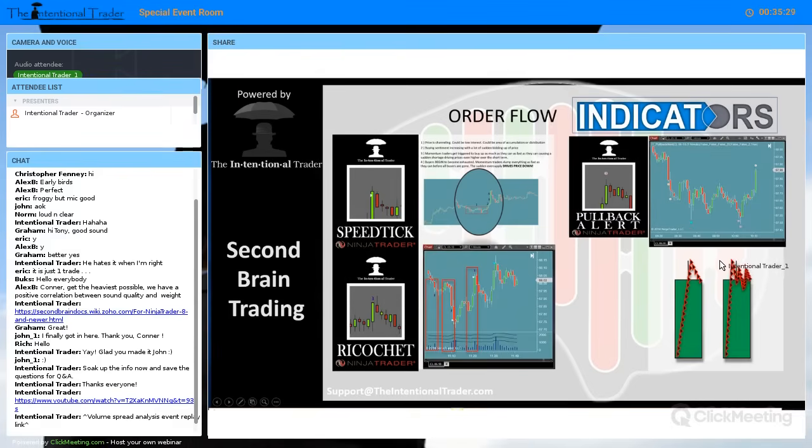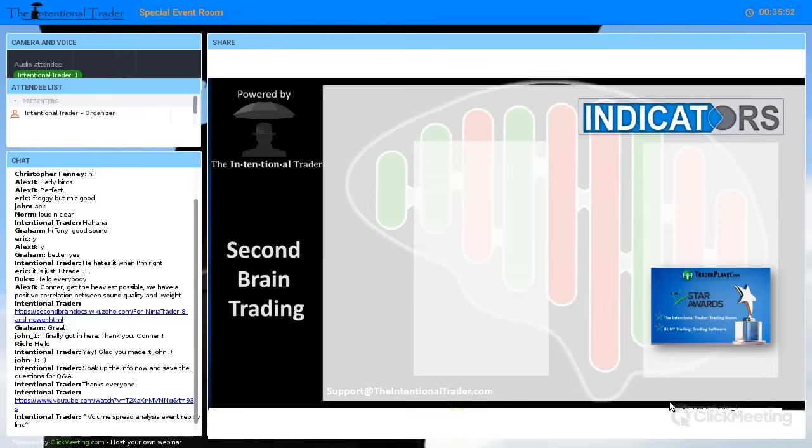Where the buyers are running out of gas, and there's no more buyers up here. So these buyers keep trying to push it, but they're running out of gas. And the sellers are just waiting. And then they get into this area, and if they're exhausted and they've just been sitting waiting, this is a great place for sellers to suddenly take control. All right, so that's our pullback alert.